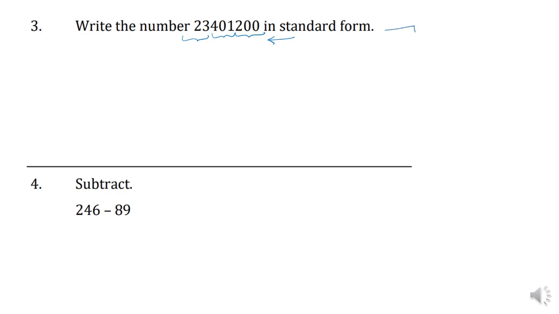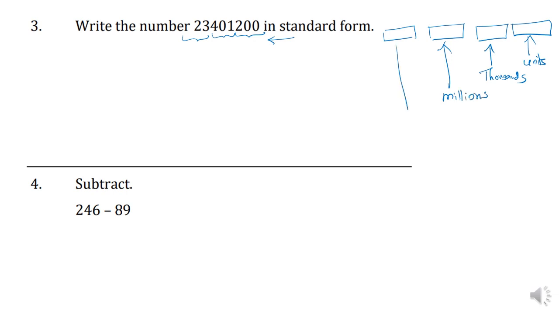We learn about 4 periods in this grade 6 lessons. So this one is units, and this one is thousands, and this period is going to be millions, and this one billions. So each period has 3 digits. So you can do it this way.